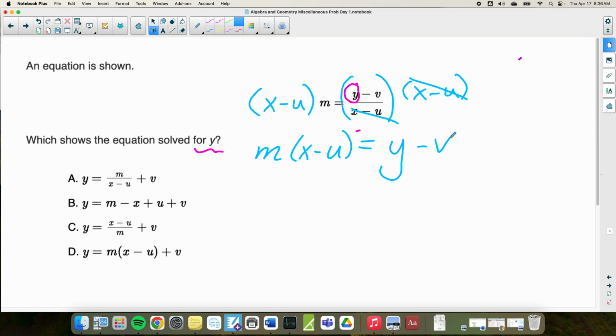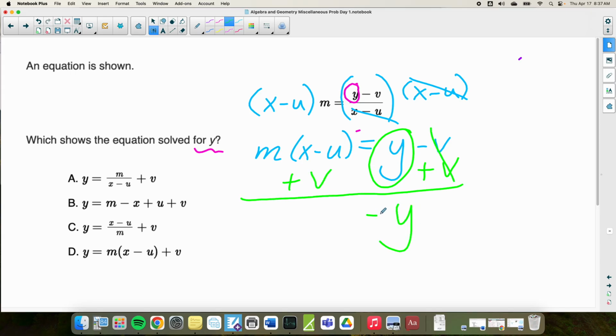Now I'm trying to solve for y, so to get rid of that v, we could just add it. And then I'd get y equals m times x minus u plus v. There's nothing else we could do with that because they're all different. And that is what, D?